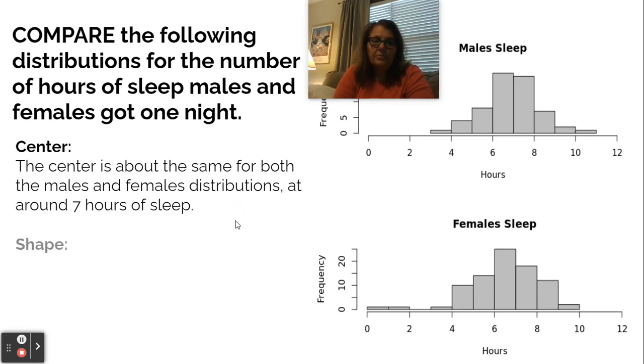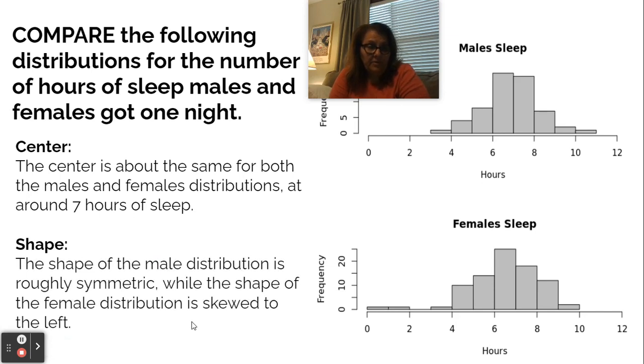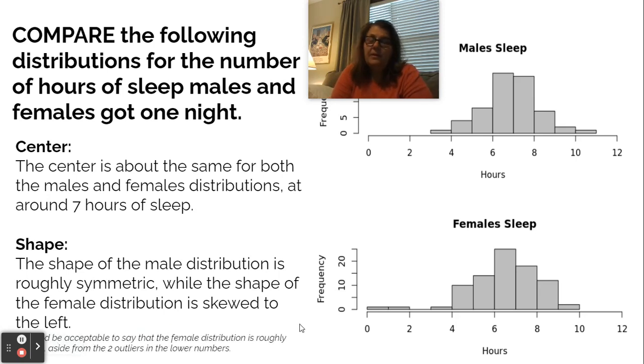So the next thing we're going to do is talk about the shape. Well, the male shape we can say is roughly symmetrical. And we could say, well, the shape of the female distribution is skewed to the left. Notice it has a little tail. But you can also look at it and say, and this is possible, that it would be acceptable to say that the female distribution is roughly symmetrical apart from the two outliers, which are in the lower numbers.